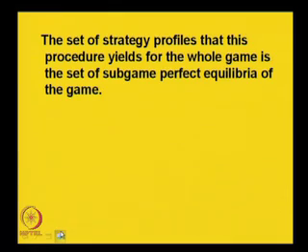Some interesting properties of subgame perfect equilibria are the following. One is that if I have got a finite extensive game with perfect information, then there must be at least one subgame perfect equilibrium in that game. So, finite games will always have subgame perfect equilibrium.